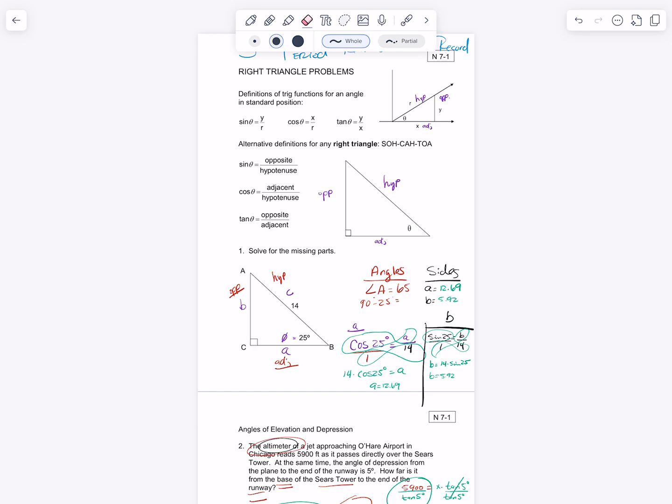I want everybody to do 1 through 5 today before you leave. 1 through 5 before flex.